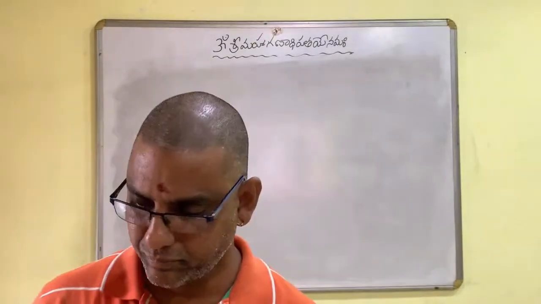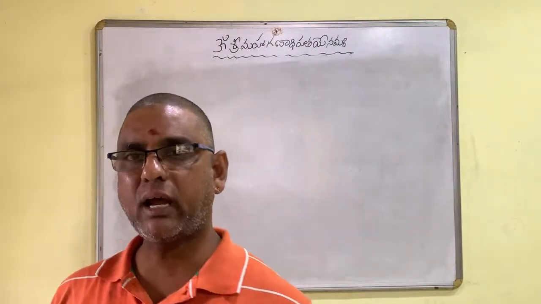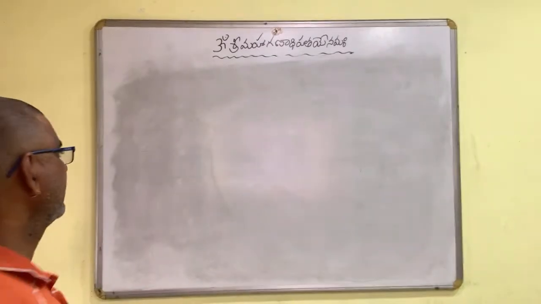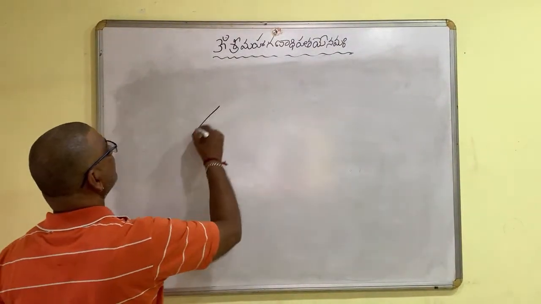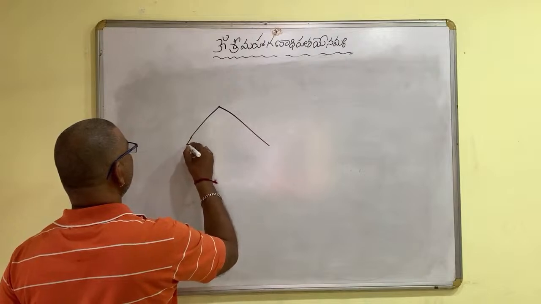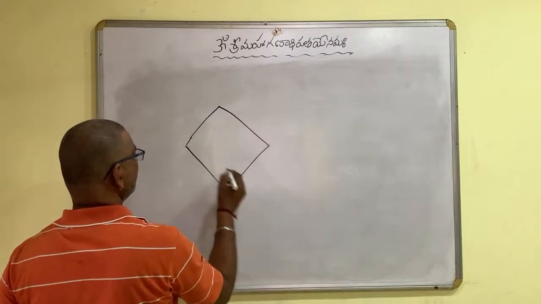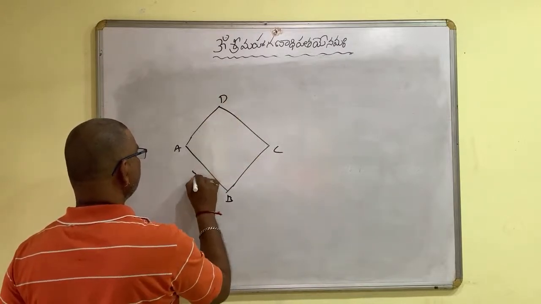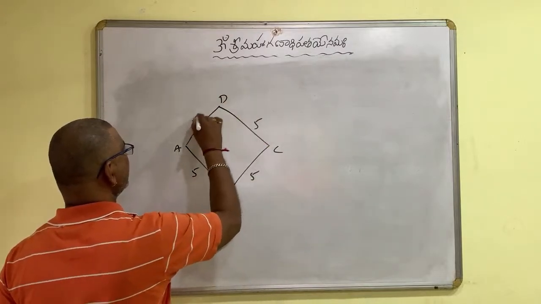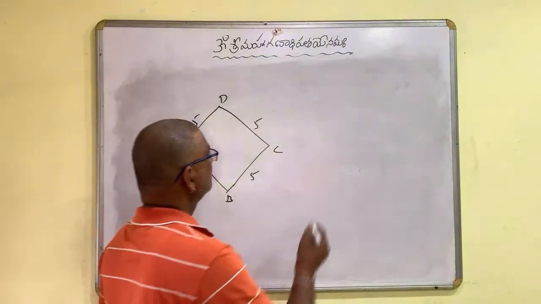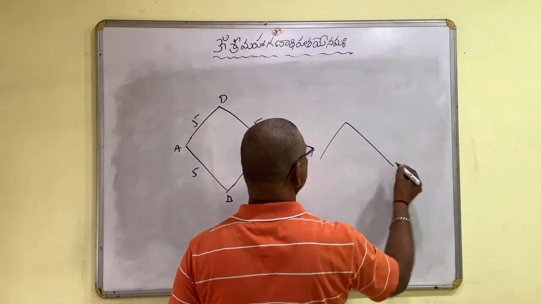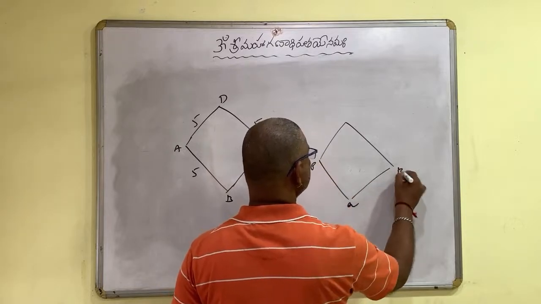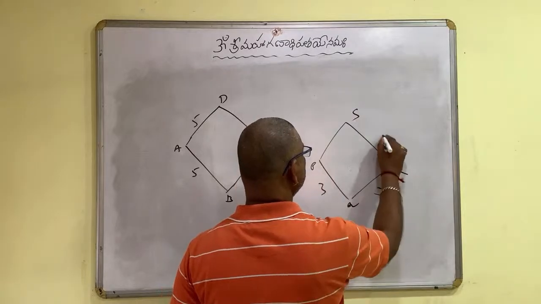Ratios are always similar. Rhombus ABCD, 5 centimeters, 5, 5, 5. And another rhombus, a small one I will take, PQRS, 3, 3, 3.